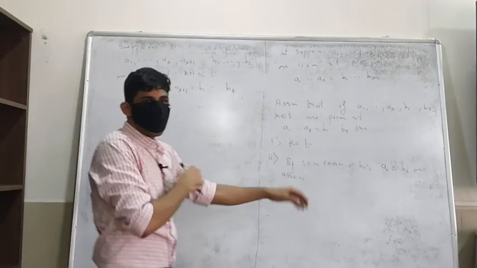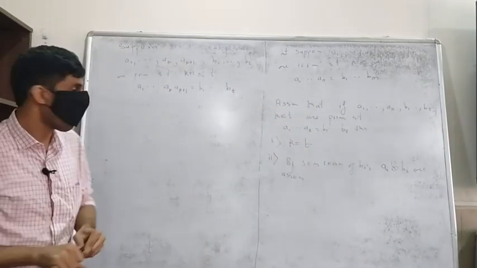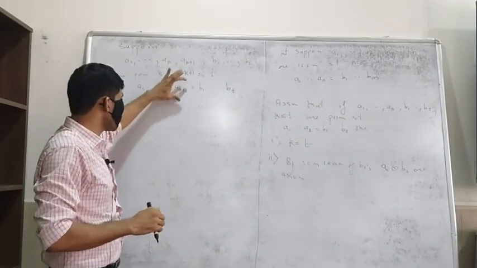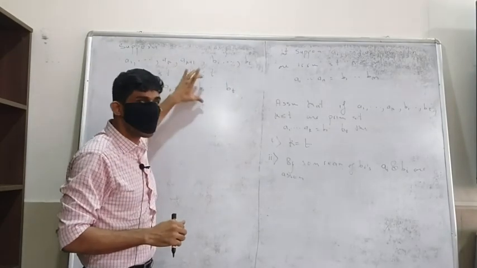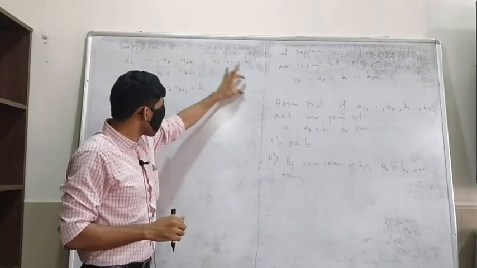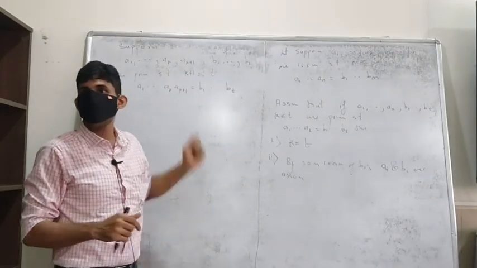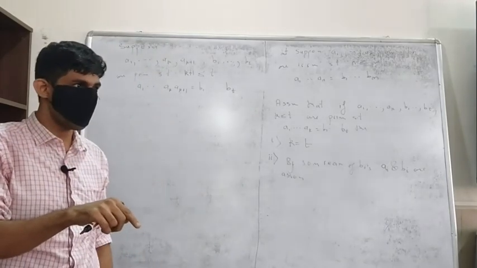See, we know that all irreducibles in PIDs are also primes. Since a(k+1) divides this side, a(k+1) should also divide that side. Since a(k+1) divides this side and a(k+1) is an irreducible, therefore a(k+1) is also a prime.